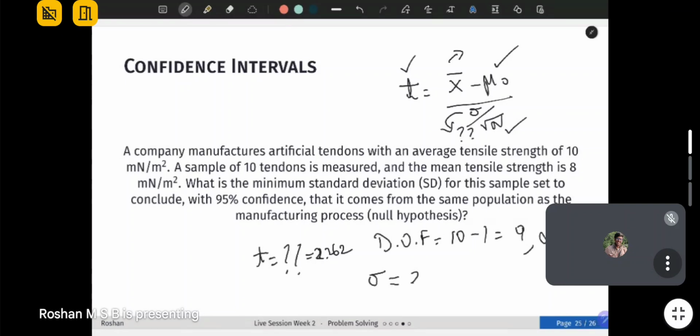Okay. Anyone else getting the same answer?